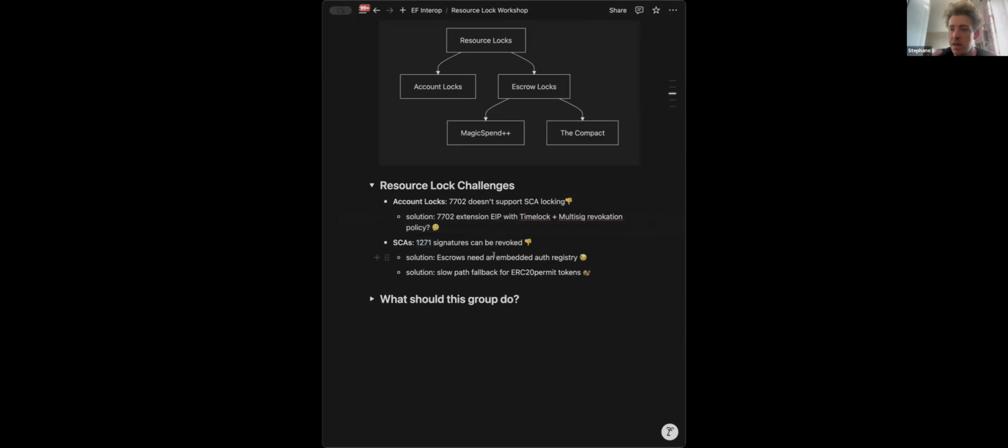The solution space is essentially to push the authentication outside of the smart contract accounts and directly into the escrow as part of escrow locks, and also some implications around ERC20 permits and how they're supported as part of account locks. Those are problems being actively talked about, with people looking for mitigation.